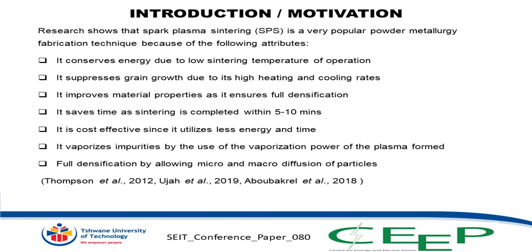It saves time as the sintering is completed within 5 to 10 minutes. It is cost effective since it utilizes very low energy and a very short time. It vaporizes impurities by the use of the vaporization power of the plasma formed. Full densification by allowing micro and macro diffusion of particles.